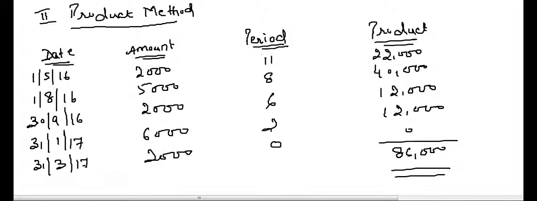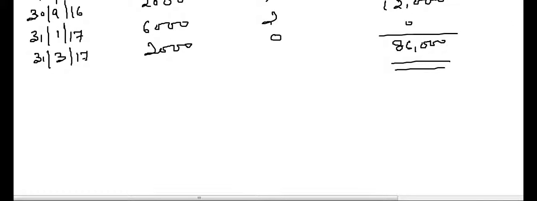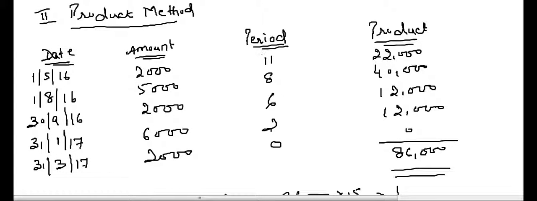Now calculate interest on drawings on this product for 1 month. What will be the interest on drawings? Interest on drawings will be on this product, 86,000, into rate of interest for 1 month, because here we have calculated the number of months.